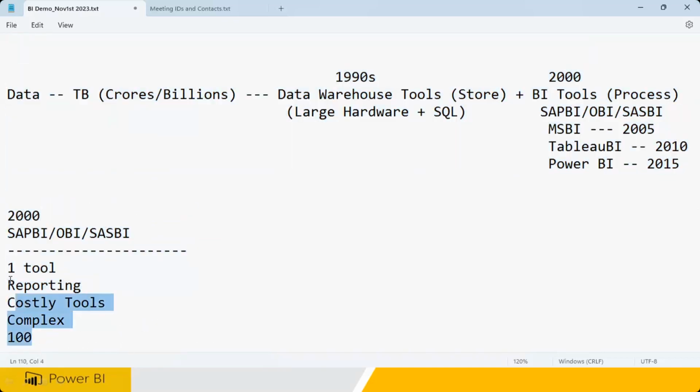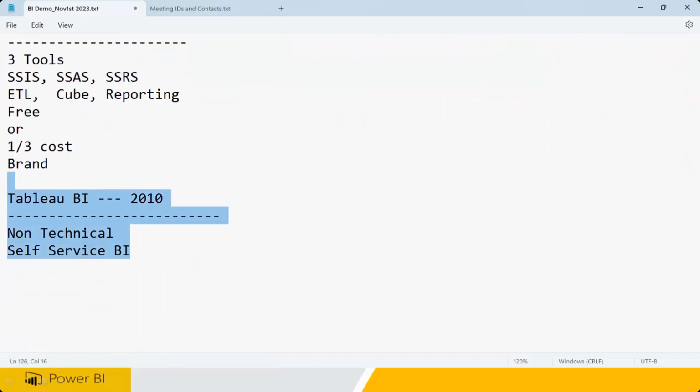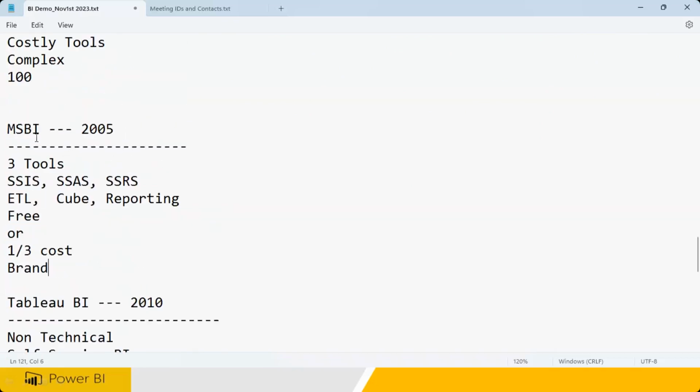These are traditional BI tools, but Tableau BI is a self-service BI. That means any non-technical people can take it, and they can also analyze the data. A lot of people slowly started using this software, and Microsoft lost its sales in MSBI.